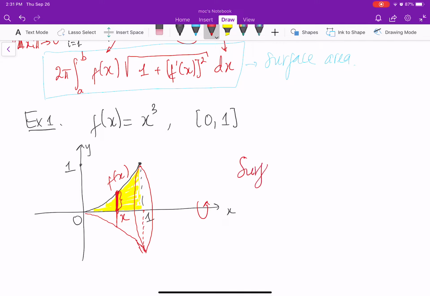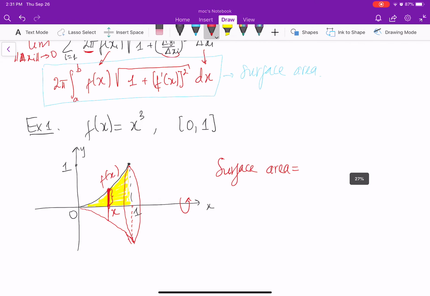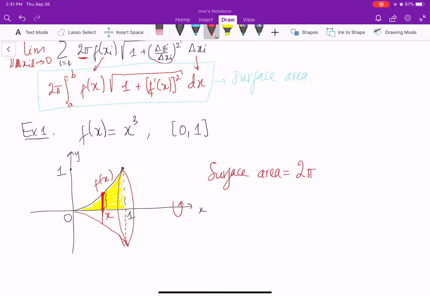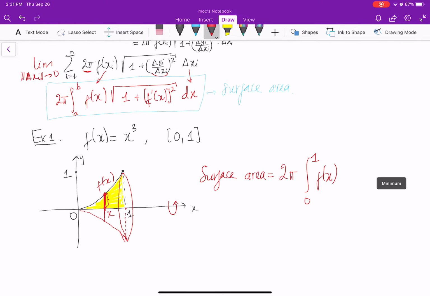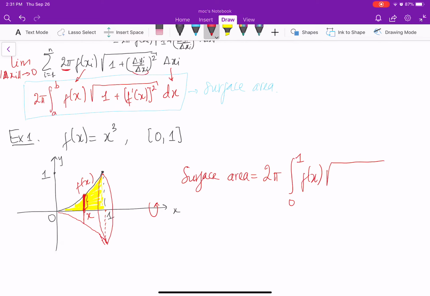Then we have surface area equal to 2 pi integral from 0 to 1 of f of x, because f of x is the radius, then square root of 1 plus the derivative of f of x squared dx, where f derivative of x is equal to 3x squared, because our function is x cubed, right?